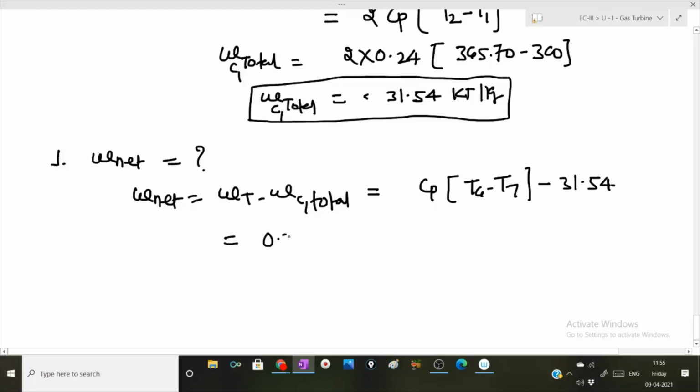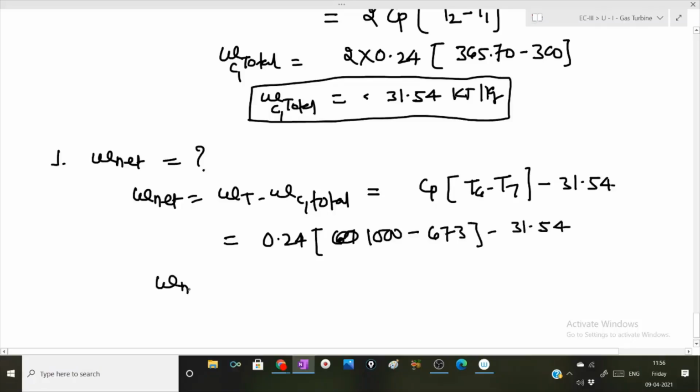So Cp is 0.24. T6 is 1000 Kelvin. T7 is 673 minus 31.54.